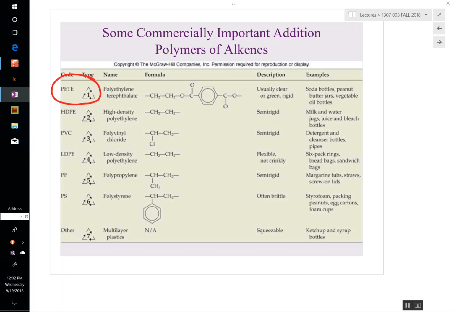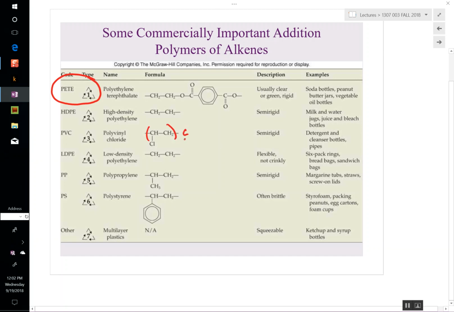Polyvinyl chloride. If you were a builder or a plumber, and instead of running copper pipe you're running plastic pipe for hot and cold water, it's most likely polyvinyl chloride. It is an ethene, but it's got a chlorine on every other carbon. So here's your monomer unit right here.